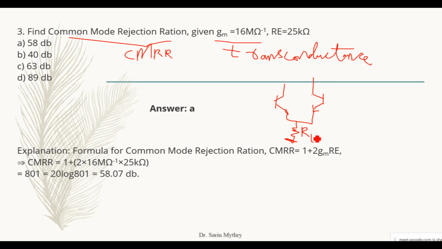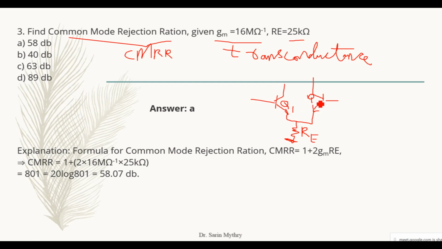The value of Re is how much? The emitter resistance is equal to 25 kilo ohm, and these are the base, emitter, and collector terminals of the two transistors Q1 and Q2. This is the circuit diagram which they have given to us.